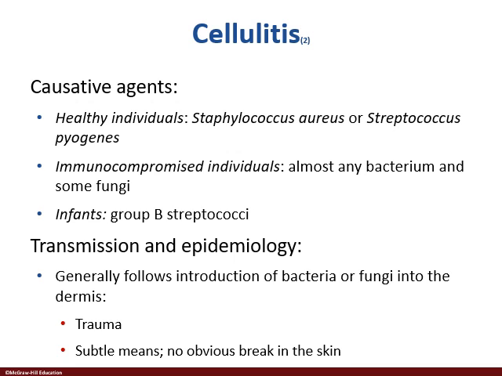Our two favorite gram-positive cocci are the main culprits here: Staphylococcus aureus and Streptococcus pyogenes. These are the two main causes for healthy individuals. If you happen to be an immunocompromised patient, whatever is causing the immunocompromisation, it could be any bacteria, and it could be some fungi.